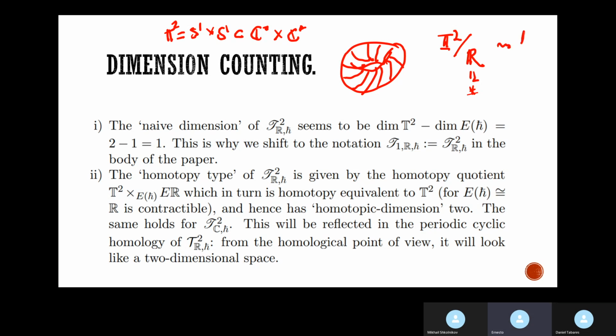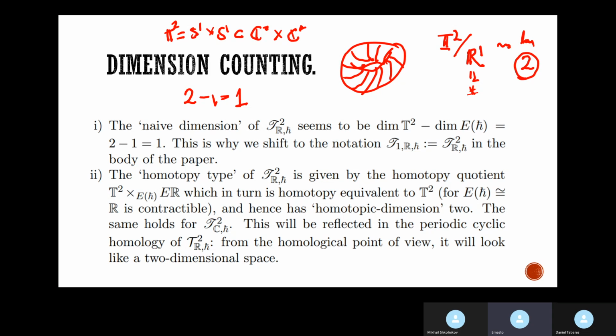The dimension from the point of view of homotopy is 2. Of course, geometrically, the naive dimension counting would be 2 minus 1, which would be 1. So we have two different dimension countings.